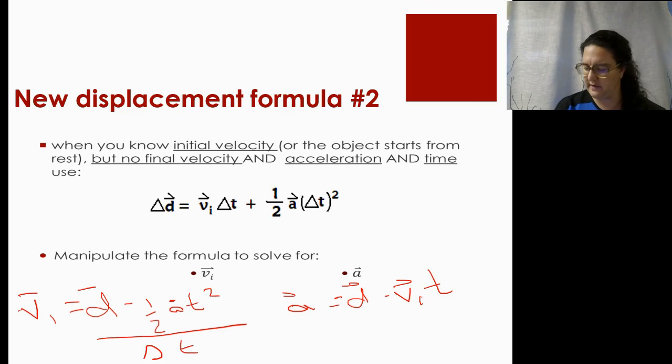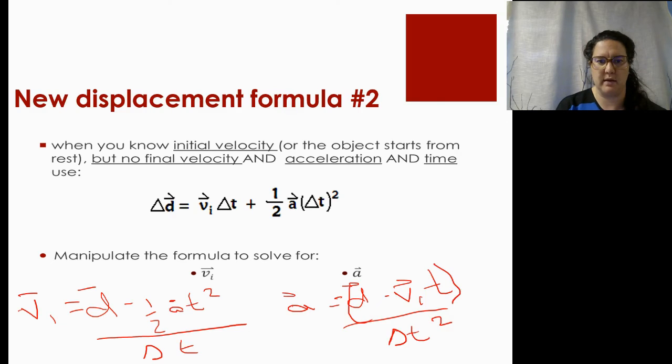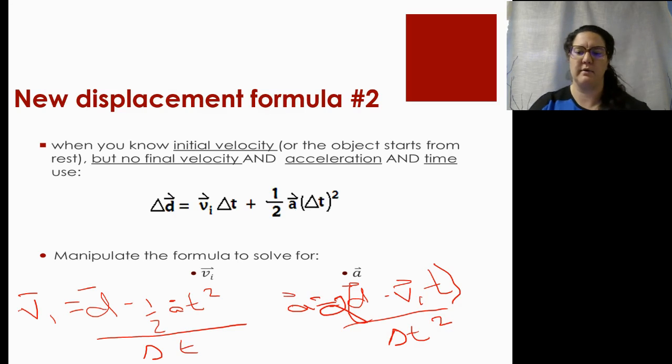This will all be divided by the change in time squared, but we have to get rid of this half, so the whole thing is going to get multiplied by 2. So acceleration equals 2 times the displacement minus initial velocity multiplied by time, divided by the change in time squared.